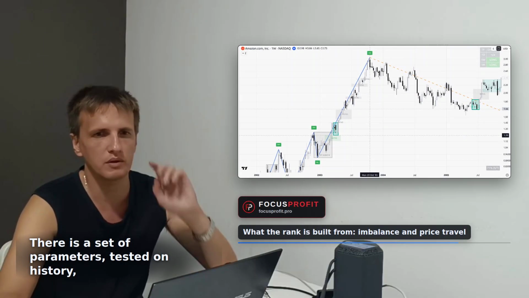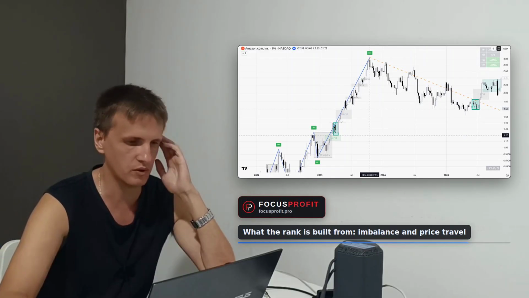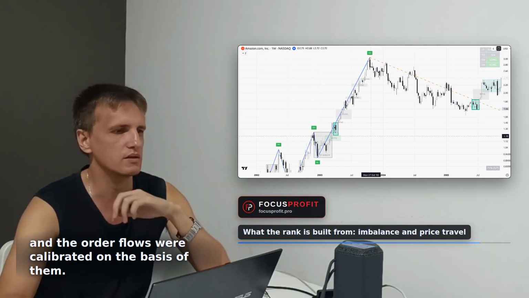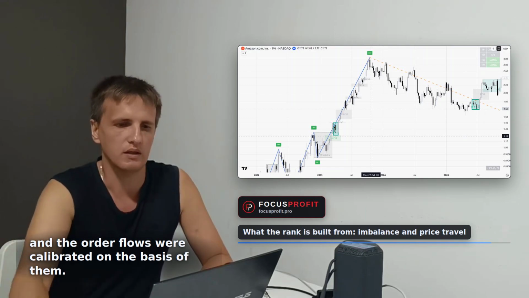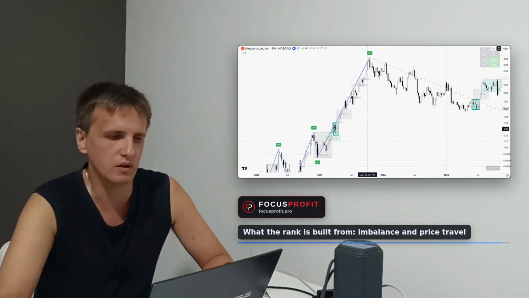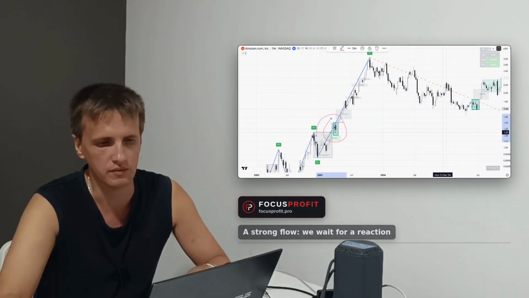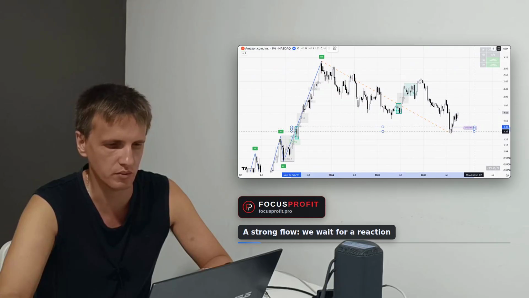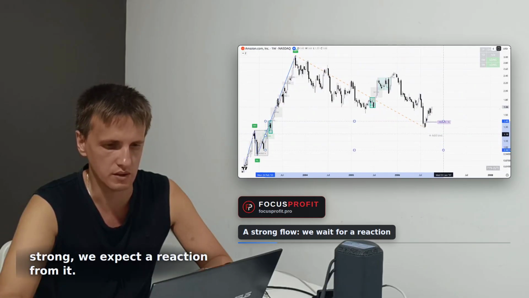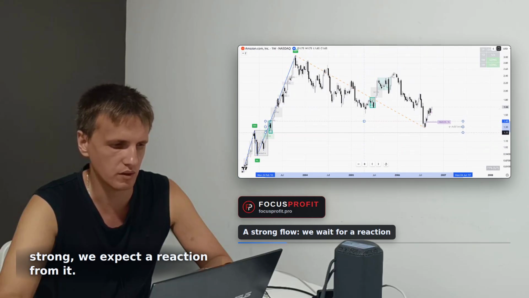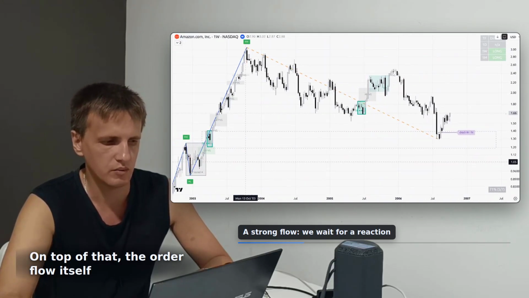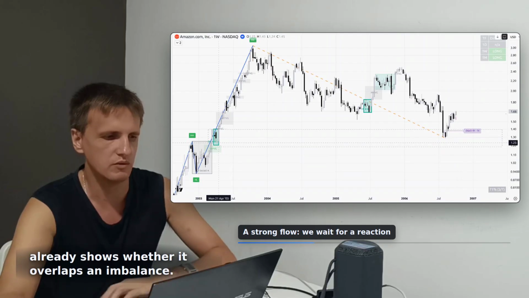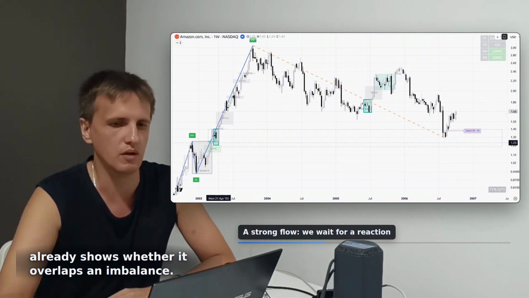There is a set of parameters, tested on history, and the order flows were calibrated on the basis of them. So if price comes into one of the marked flows, and we see it is strong, we expect a reaction from it. On top of that, the order flow itself already shows whether it overlaps an imbalance.